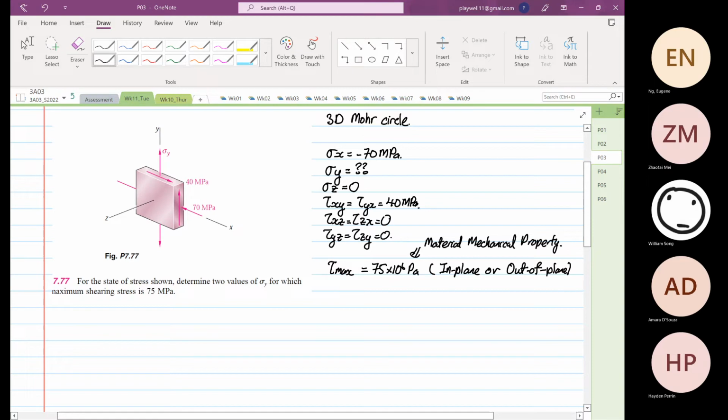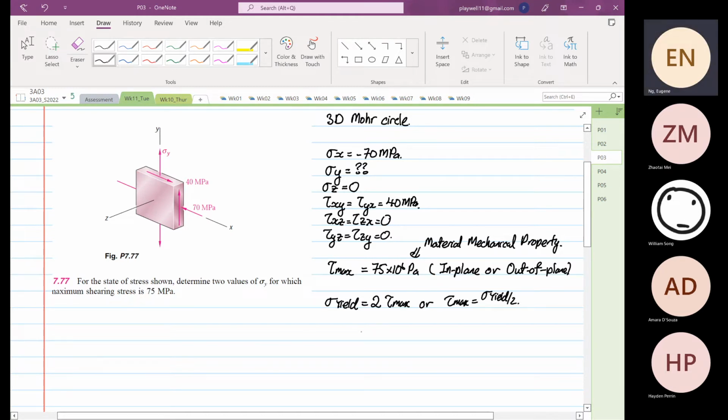From here, we know that normal stress U is equal to twice of tau max, or tau max is equal to stress U divided by 2.